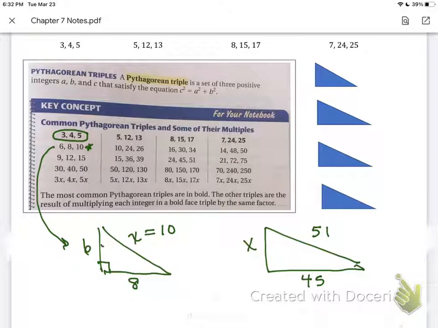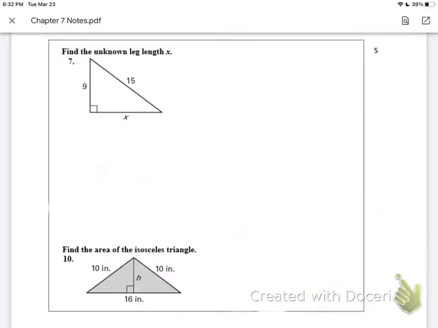Now, I can run through the whole Pythagorean theorem, or I can look at this triple, 8, 15, and 17, and if I multiply each of those by 3, look what I get, 24, 45, 51, so then I know that x is 24. So I'm just saying it's nice to know some of the triples. You don't have to know them all, but if you can save yourself a little time occasionally, that's a good thing. Okay, let's go on to the next page.